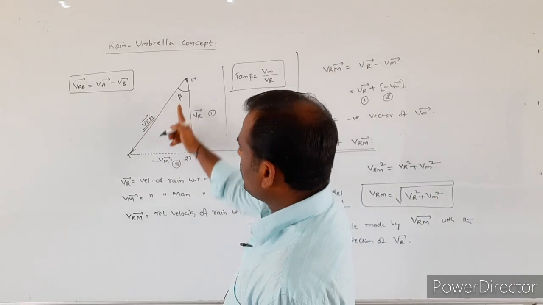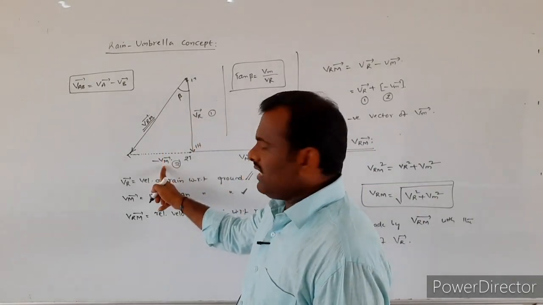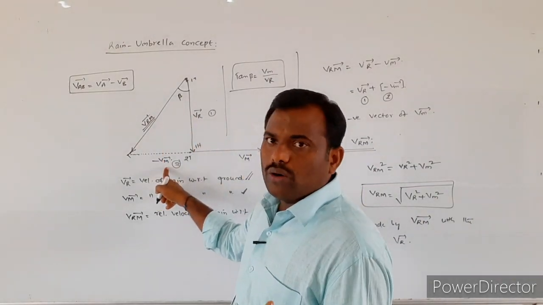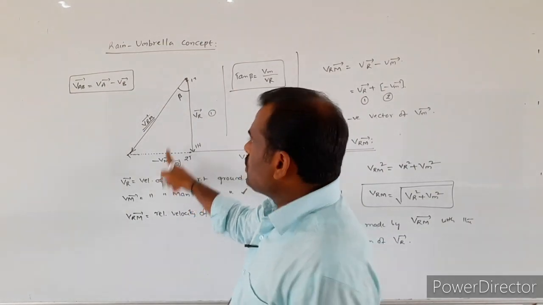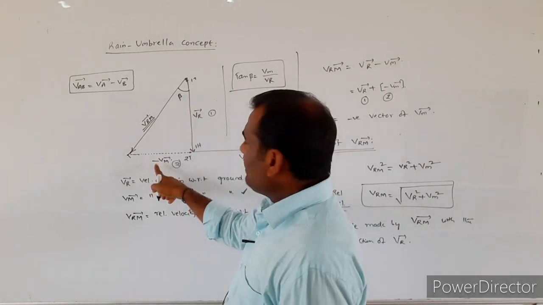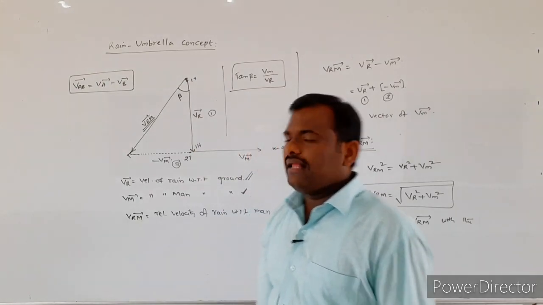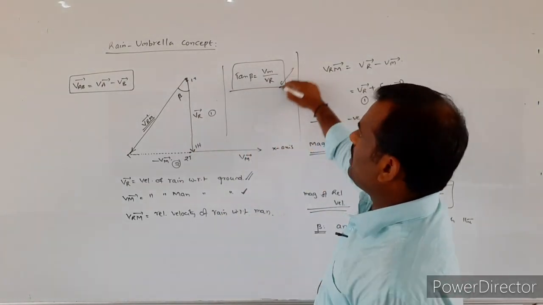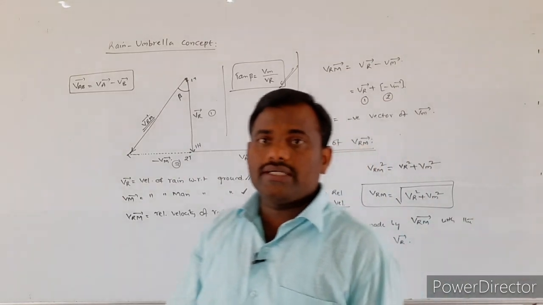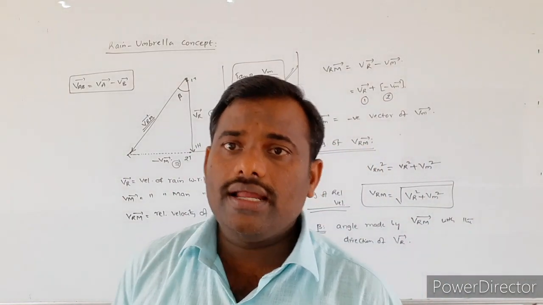From this diagram, the opposite side is Vm bar; we have to calculate only the magnitude. So tan beta is equal to Vm by Vr bar. So this is the method of the rain umbrella concept.